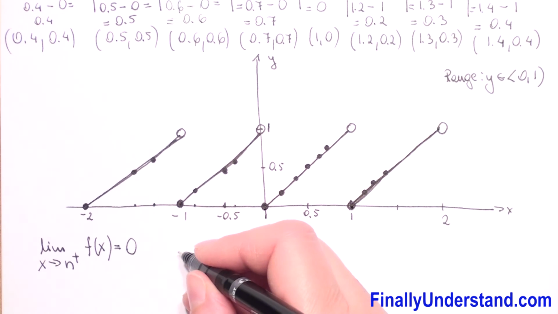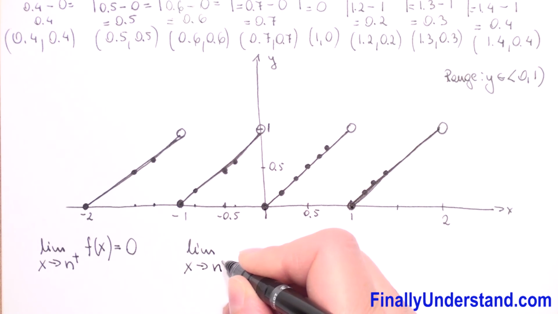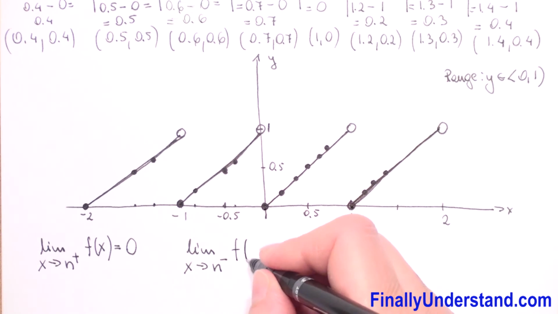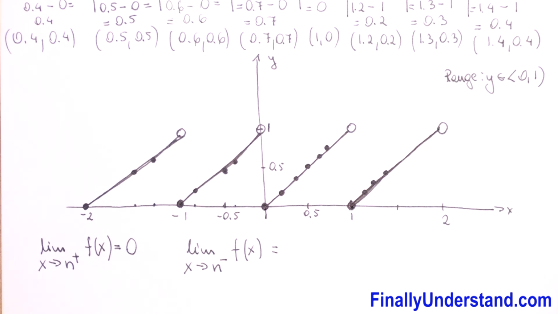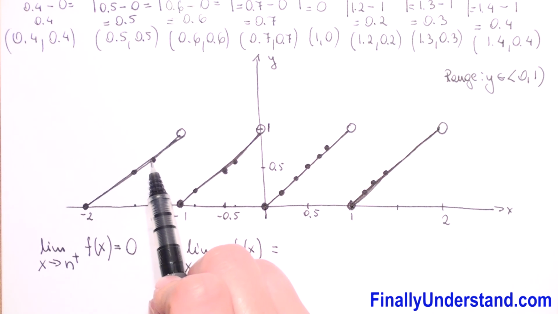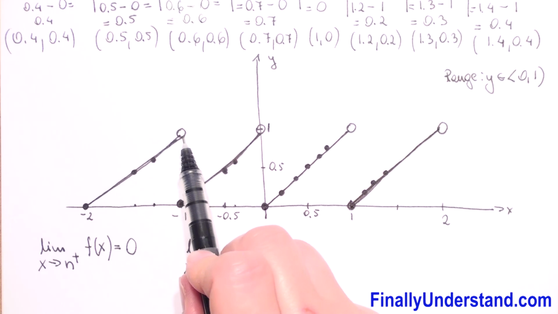What about the limit as x approaches n from the left side of our function f? Because n is an integer, we are going, for example, to negative 1 from the left side. When we are going from the left side to negative 1, we see that we are going to a value close to 1.